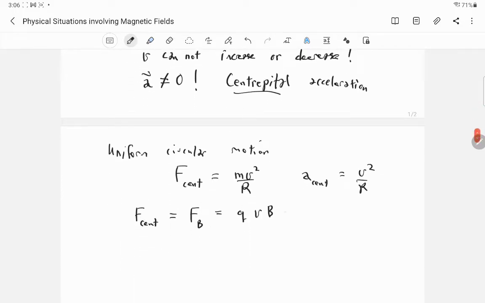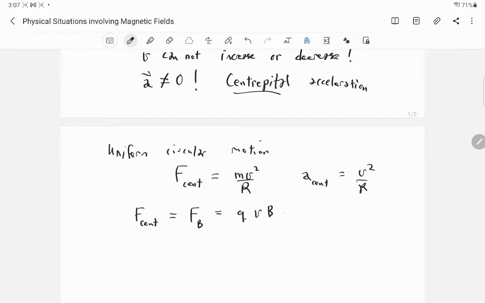So in terms of magnitudes, we include a sine of 90 degrees, which is just a factor of 1. So it's just Q times V times B. And that's the strength of the magnetic force. It is the only force in the problem, and it is doing our centripetal accelerating. It's behaving as a centripetal force.